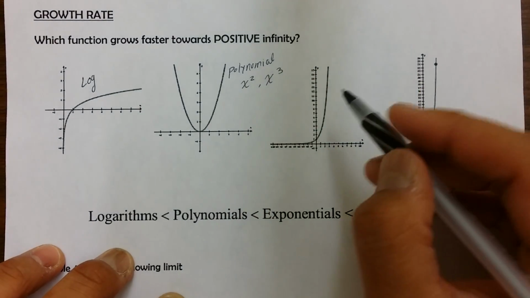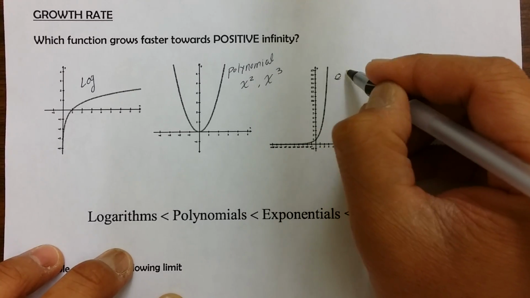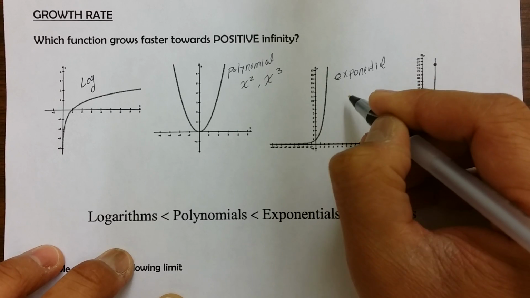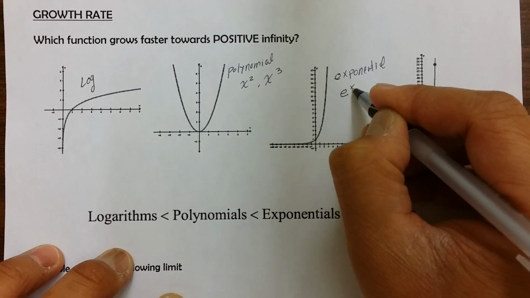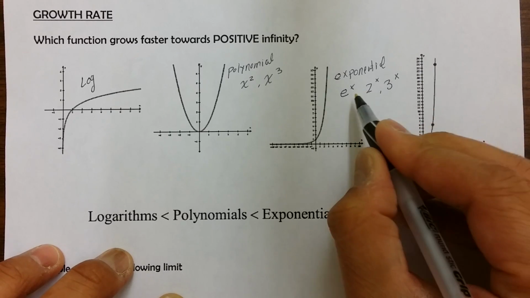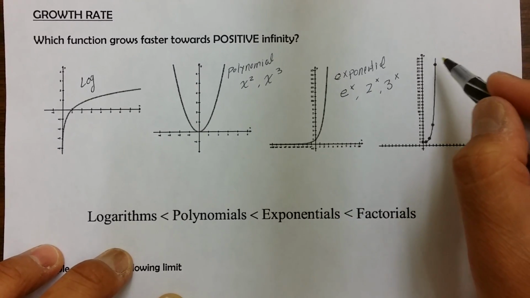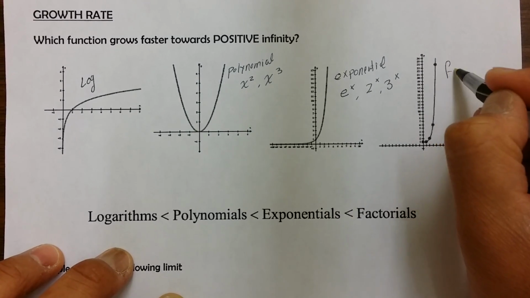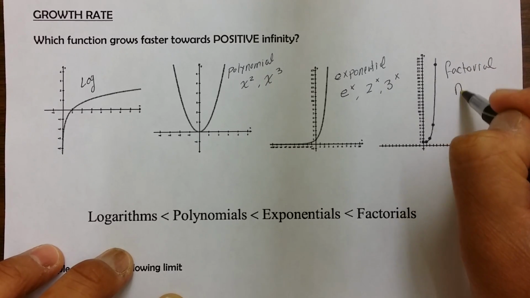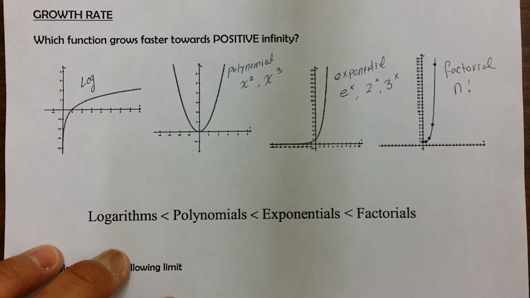This is an exponential function. e to the x, 2 to the x, 3 to the x, these are types of exponential functions. And the last one is the factorial function. Something like that is a factorial function.